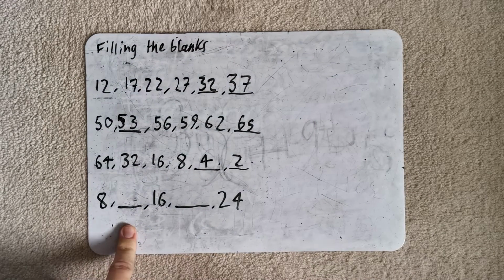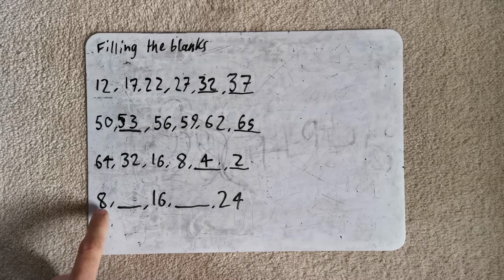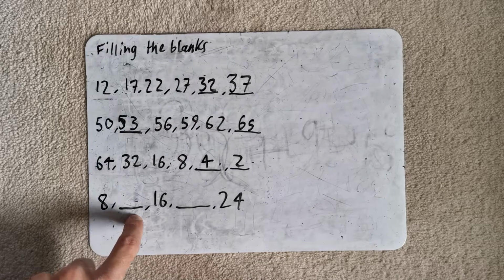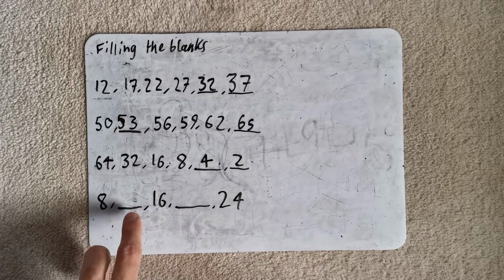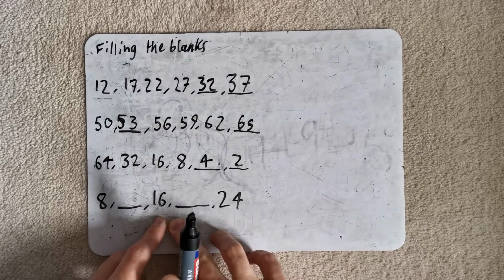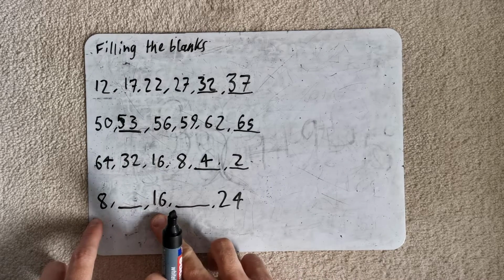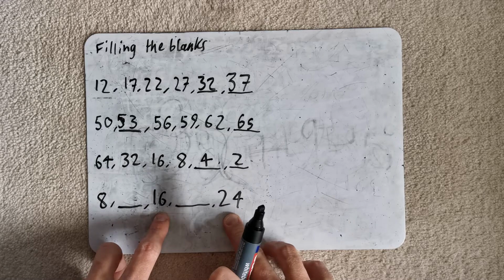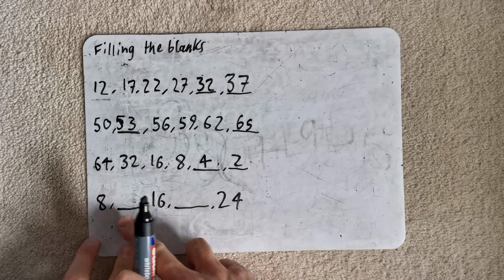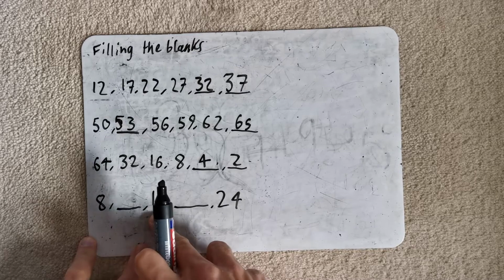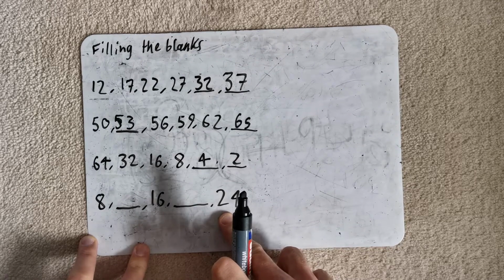Now, this one, this catches a lot of people out, because we can't see directly how we get from here to here to here, because we don't have any information in the middle, and we don't have any information here to work that out as well. But we do know that every other number goes up by 8, doesn't it? So 8 to 16 goes up by 8. This goes up by 8 as well.